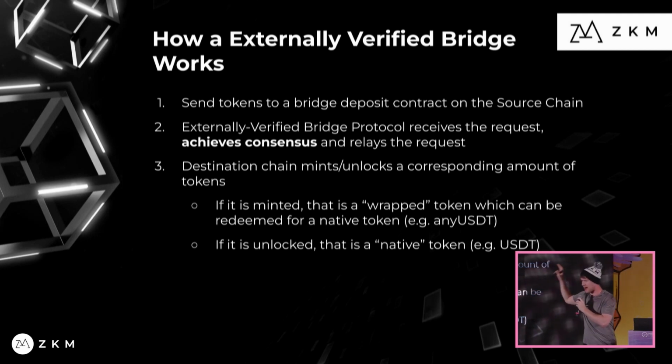So if it's minted, there's a wrapped version. And if it's unlocked, that is typically the native version. And we'll see what the difference is between those things. But if you've ever used Multichain, they have tokens called anyUSDT, anyUSDC. So they have their version of a wrapped token.